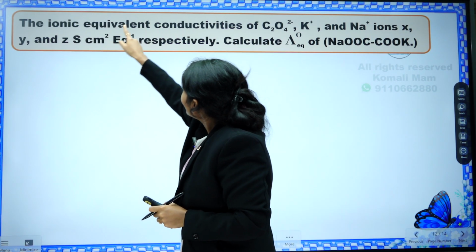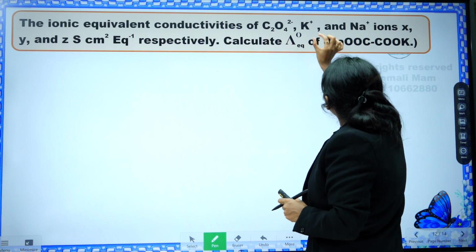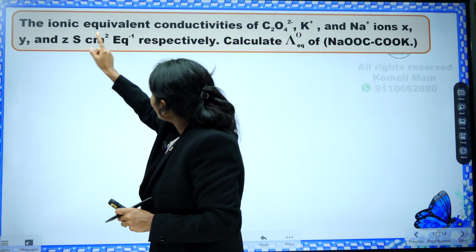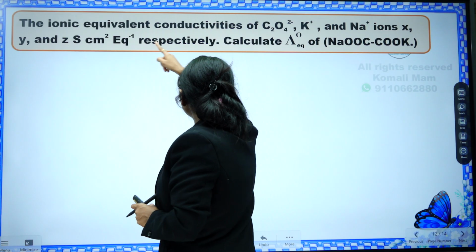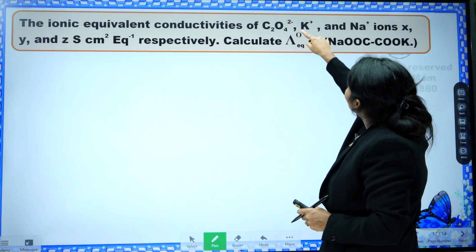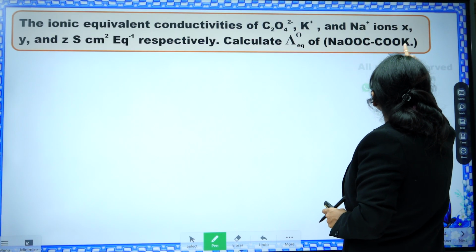The ionic equivalent conductivities of oxalate ion, potassium ion and sodium ions are X, Y and Z Siemens centimeter square equivalent inverse respectively. Calculate equivalent conductivity at infinite dilution of NaOOC-COOK.